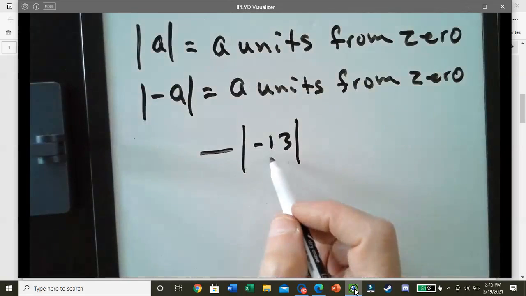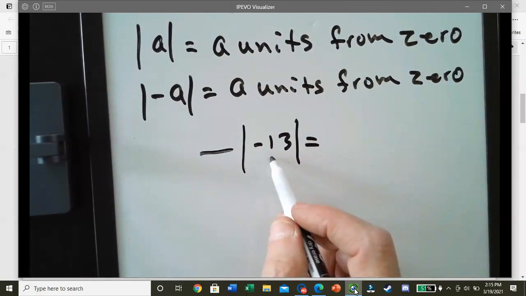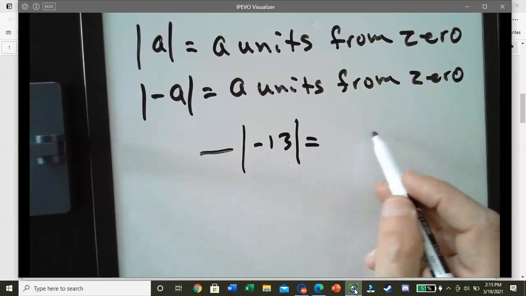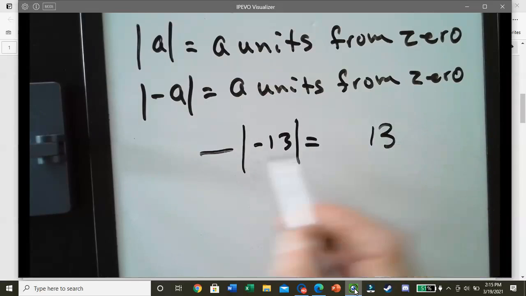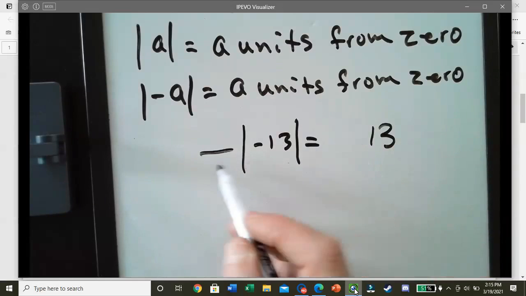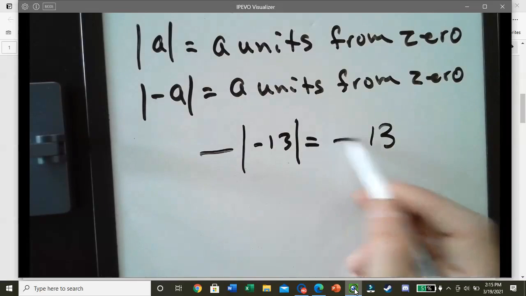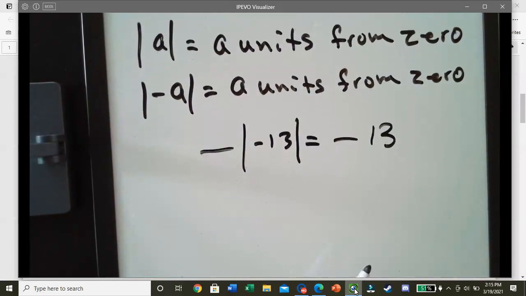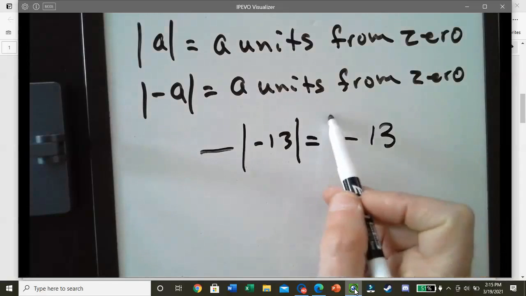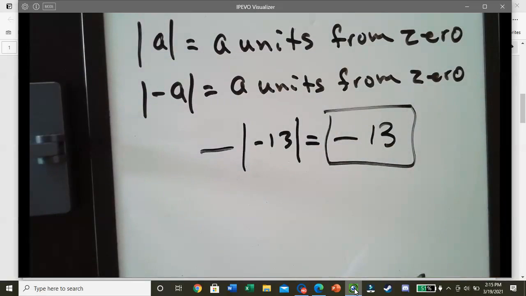The number of units from 0 for negative 13 is 13. But you have a negative outside, so that's the opposite. The answer is negative 13.